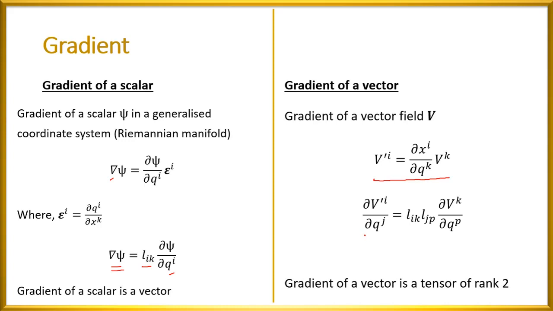The derivative is taken with respect to the new coordinate system, dou by dou qj. Now this will give us a tensor, and this operation will also give us a tensor. Therefore, using the quotient rule, we can say that this quantity over here must be a tensor of rank 2. Therefore, the gradient of a vector is a tensor of rank 2 and the gradient of a scalar is a tensor of rank 1, that is a vector.